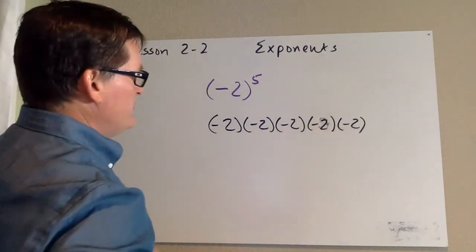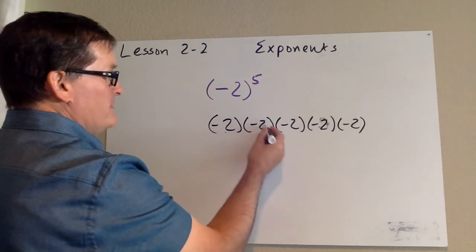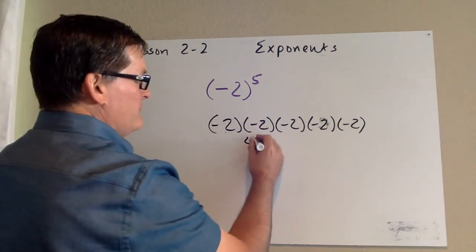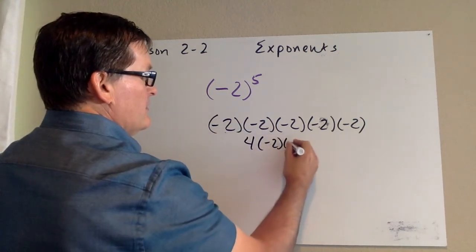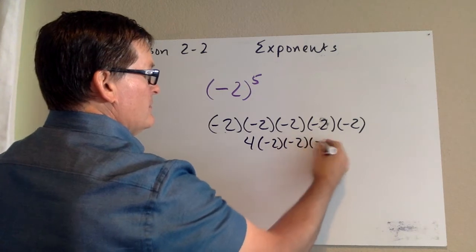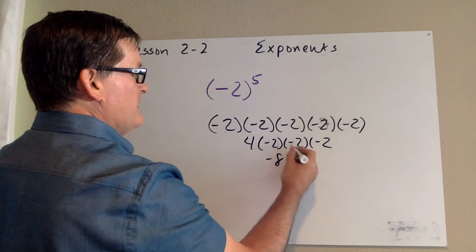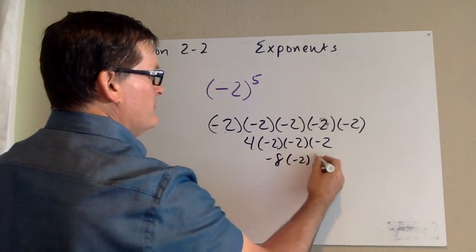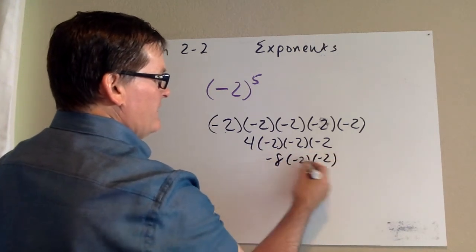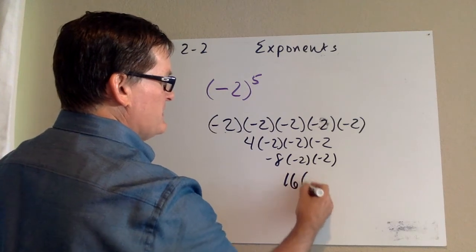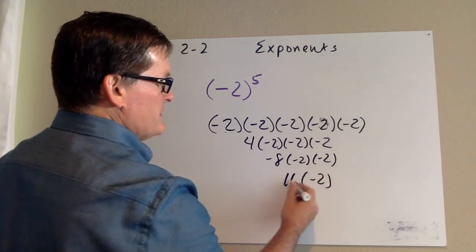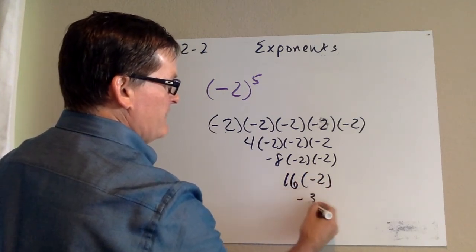So when I multiply, -2 times -2 is positive 4. Took care of those 2. Then 4 times -2 is -8, times -2, times -2. -8 times -2 is positive 16, times -2. And 16 times -2 is -32.